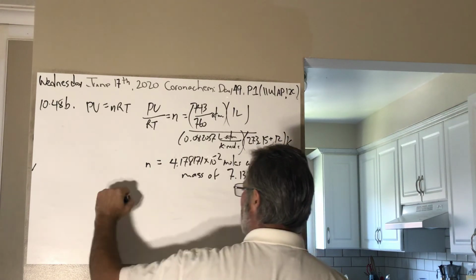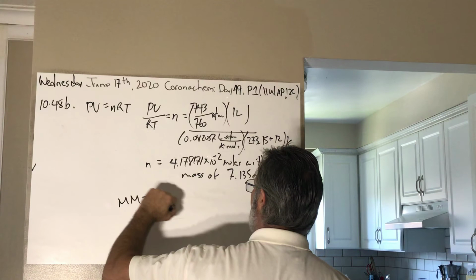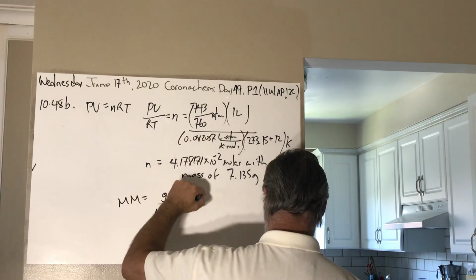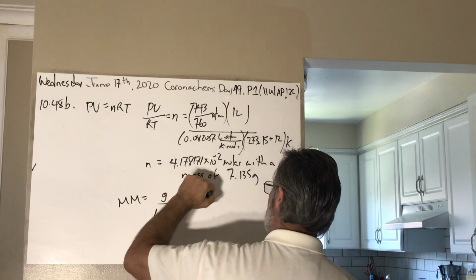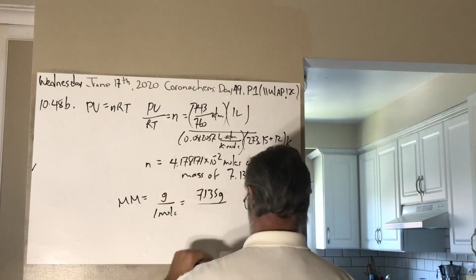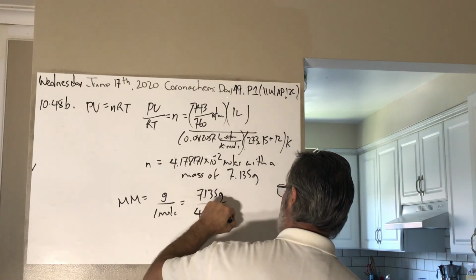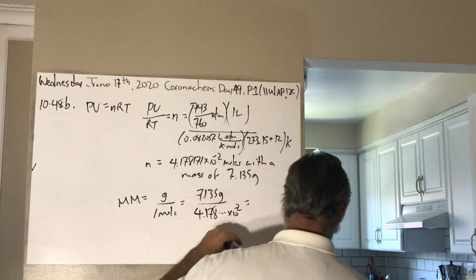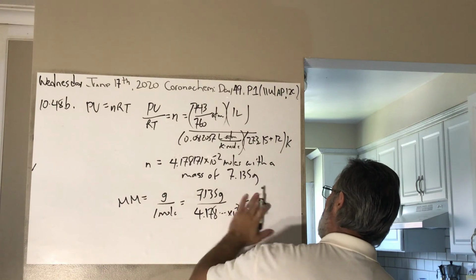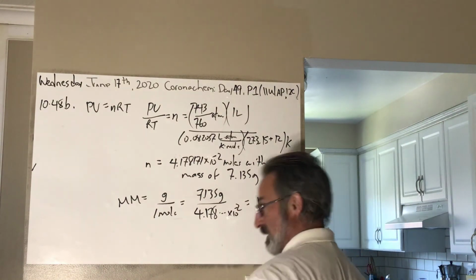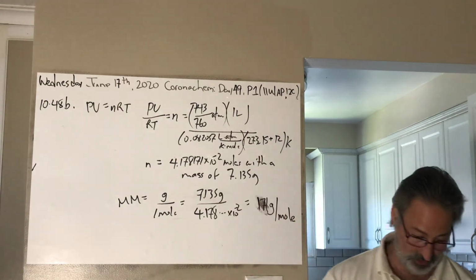We're using molar mass equals grams per 1 mole, sorry. So the grams is 7.135, and the number of moles we just calculated was 4.178, etc., times 10 to the minus 2. After sig figs, you get 171 grams per mole for the molar mass of this particular gas. Okay, so that's how you figure that out.